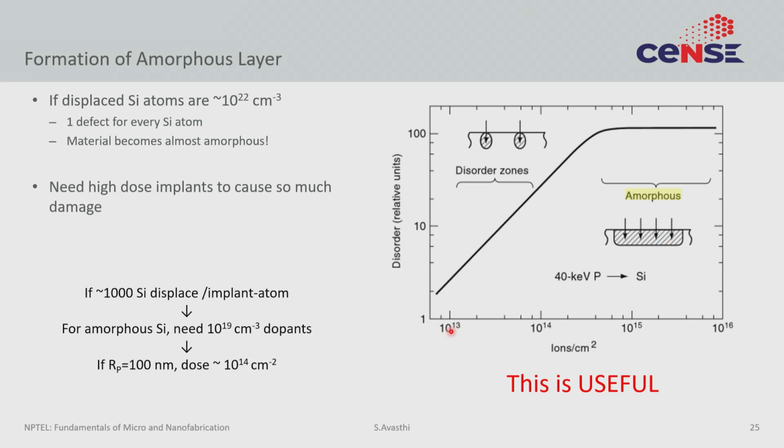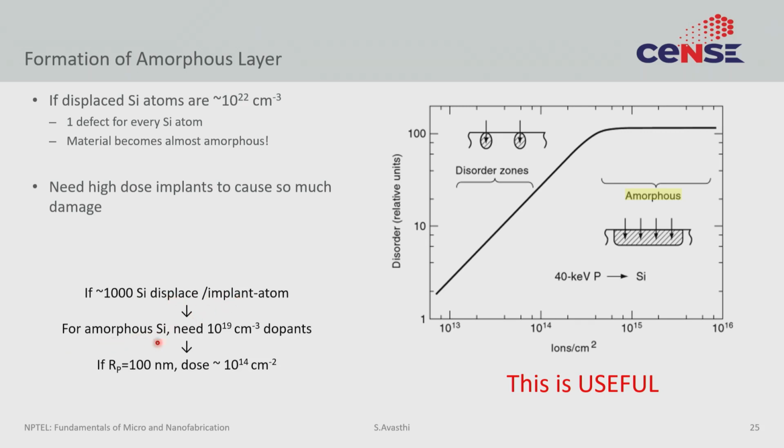If you notice the numbers, you can do some back of the envelope calculation. This transition where it becomes completely amorphous is happening around mid 10 to the power 14. Let's start with this number: around 1,000 silicon atoms are displaced for every implanted atom.